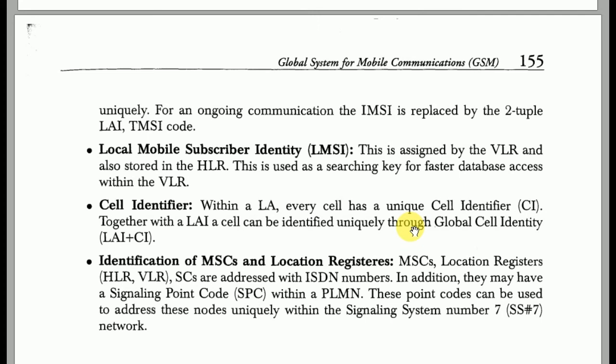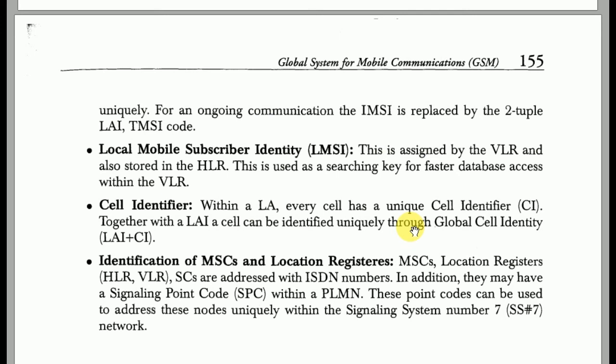Then the next one is identification of MSCs and location registers. MSCs, location registers, that means HLR, VLR. Switching centers are addressed with ISDN numbers. In addition, they may have a signaling point code, SPC, that we have already studied in the PLMN interface.